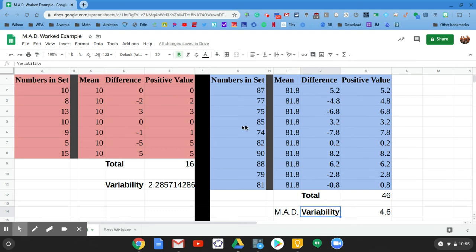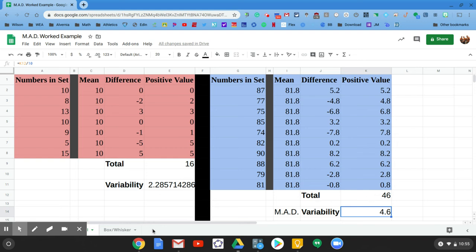So if you have a mean of 10 and all of your numbers, whatever you're measuring, are close to 10, you're going to have a lower variability, which is what you see over here. You have a higher variability, or a higher mean absolute deviation, when they are further apart from the mean. And all that means is the numbers in one set versus another are more consistent.